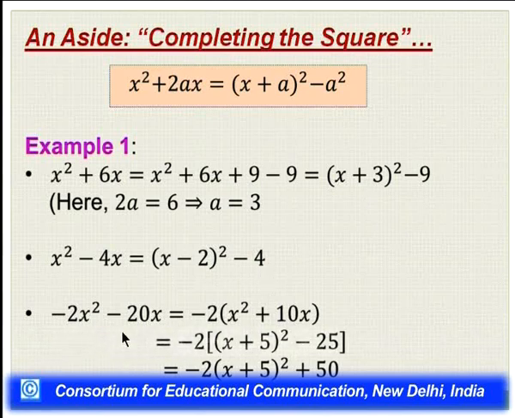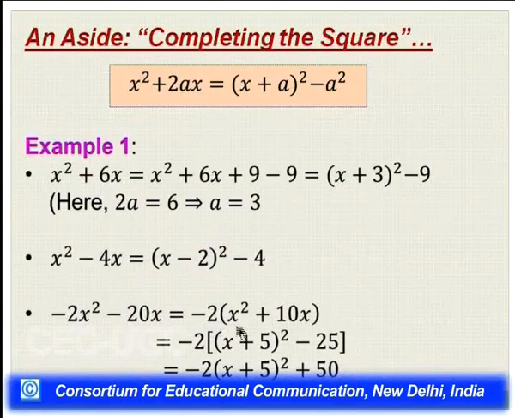And a third example is where our expression is −2 times (x² − 20x). Now remember, I told you, you should make the coefficient of x² 1. So here we will take −2 common, and we get −2 times (x² + 10x), where x² + 10x is placed in brackets. Now our job is effectively to transform x² + 10x into a whole square.